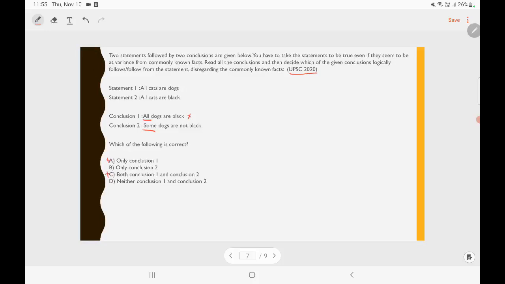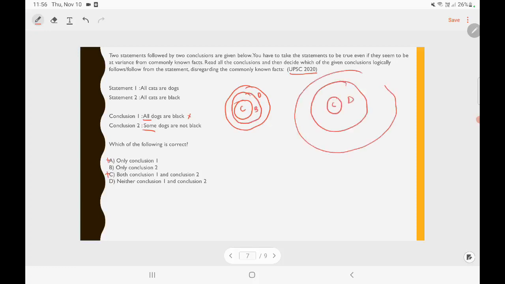Now let us do it using the concept of Venn diagram. All cats are dogs. Let's say this circle represents cats and this circle represents dogs. Now the second statement says that all cats are black. So it can come like this, or it can come like this also. Let's say this is cat, this is dog, and this can be black. In this way also all cats are black.